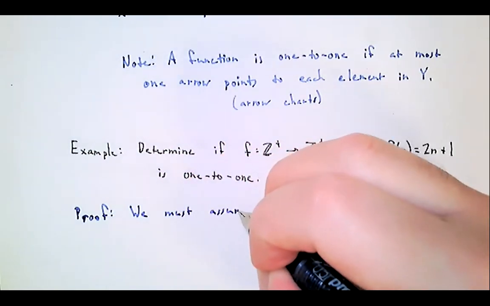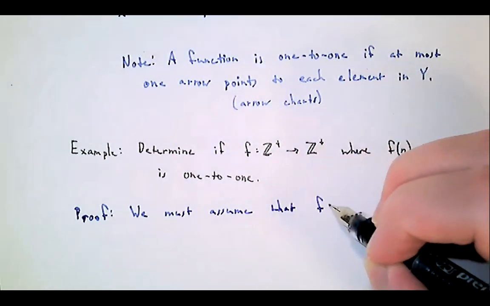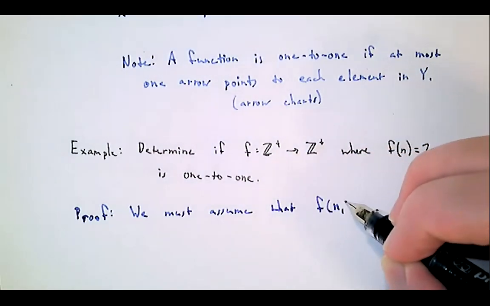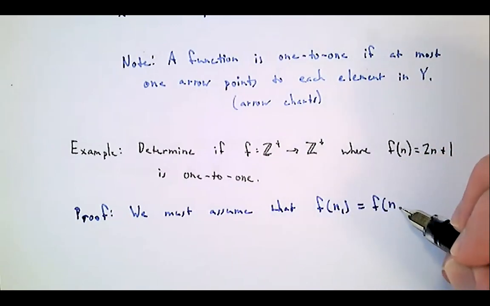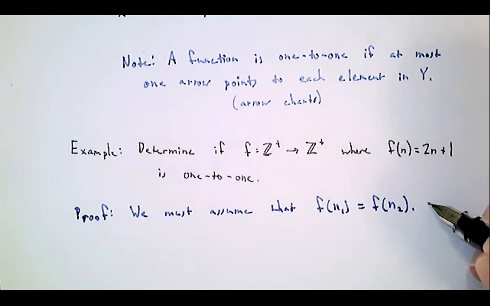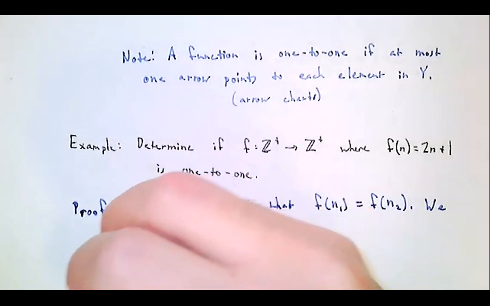So we're going to assume that two outputs are the same. f of n1 is equal to f of n2. And we have to show that the inputs are the same.